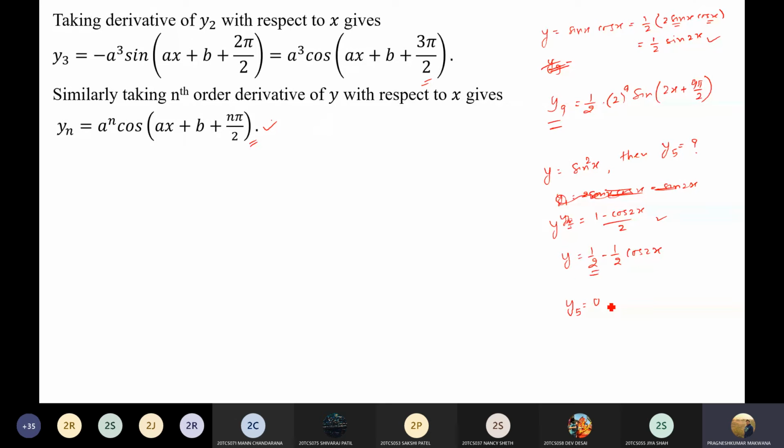So this term is 0, minus 1 by 2 as it is, and by using this formula you can write down 2 raised to 5 into cos of 2x plus 5 pi by 2. And simplify, we get the answer.